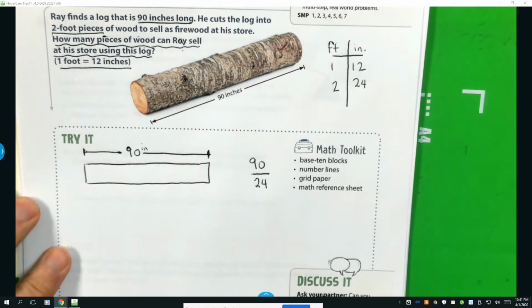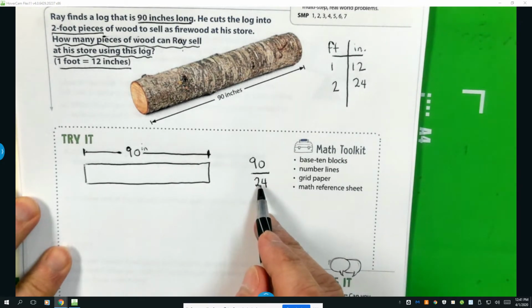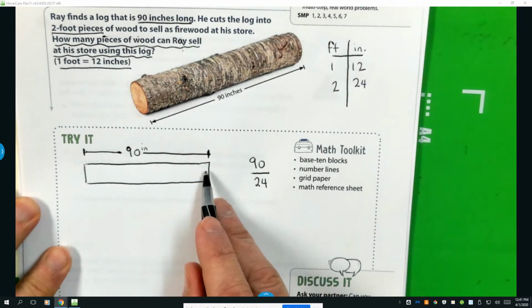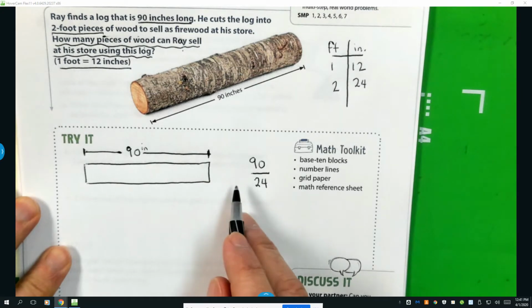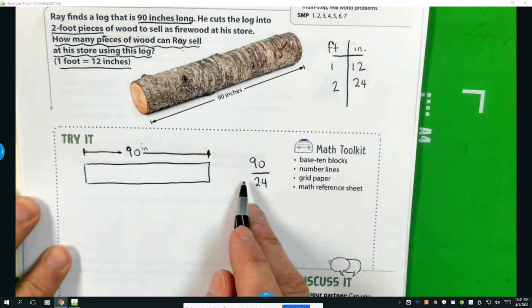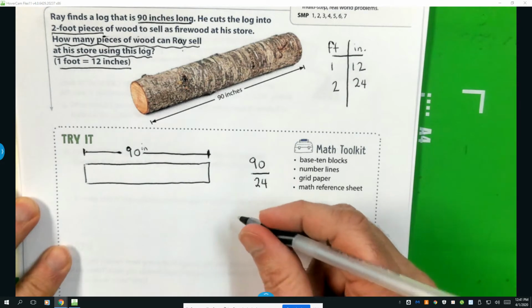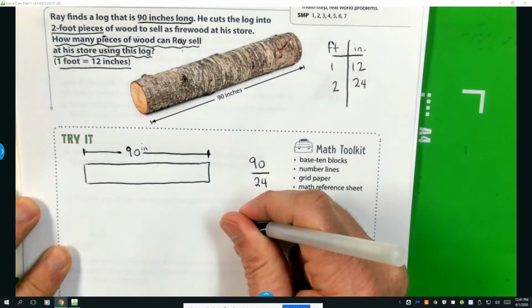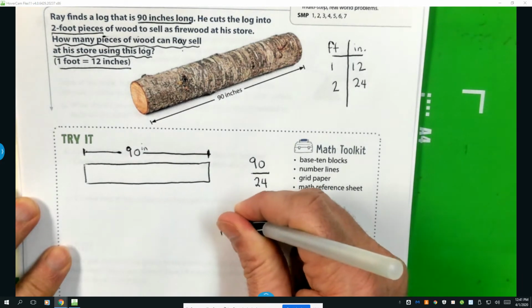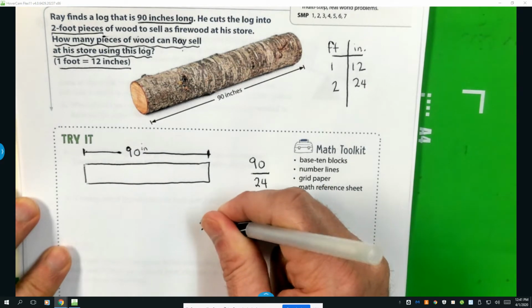So how many groups of 24 are there in this 90-inch piece of wood? Now, what would be left over? Is there anything left over? I'm going to go 90 divided by 24 right here.